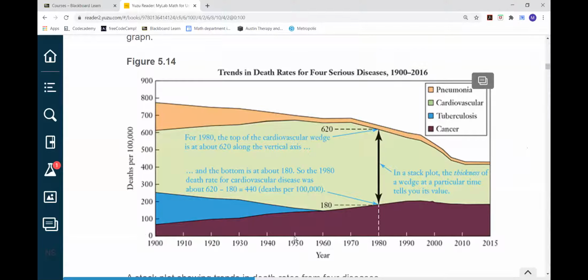Did pneumonia go up or down? Down. It went down. So we're looking at the thickness here, right? So we're looking at the thickness right in here. This is fairly thick. This is going almost 200 points. This is going maybe 50 points in here.